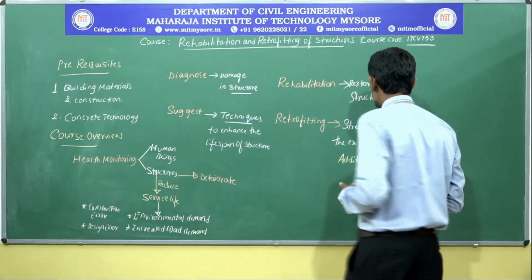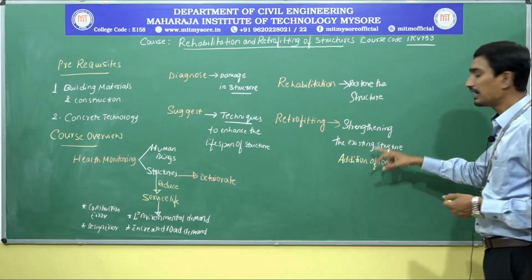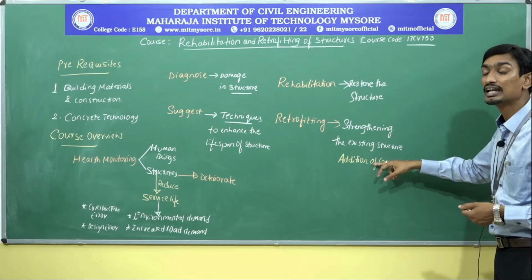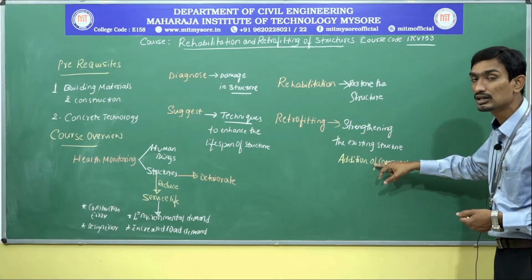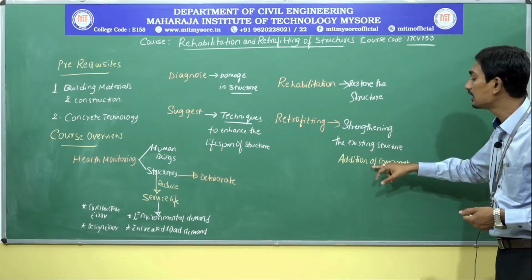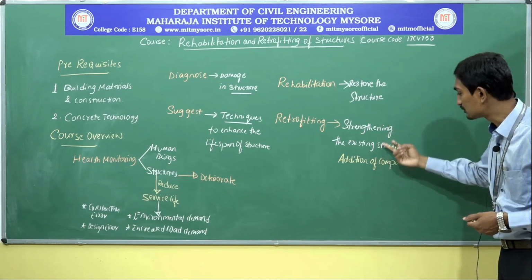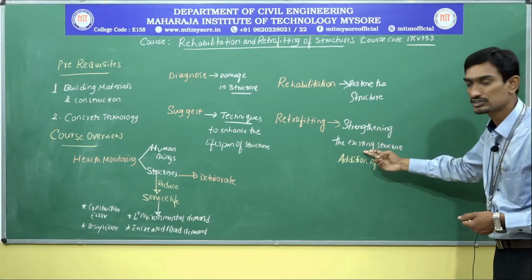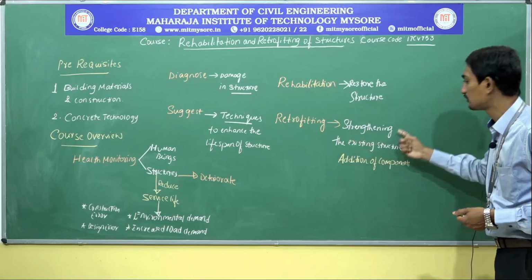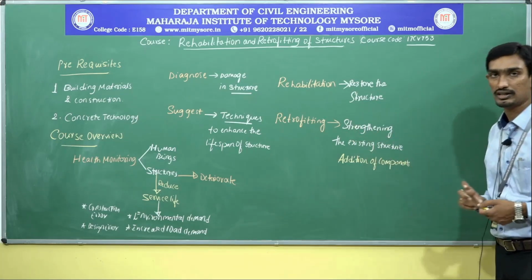So by the addition of components, why do I need to add a component to the structure? I am going to add a component or a material to the existing structure to strengthen it.